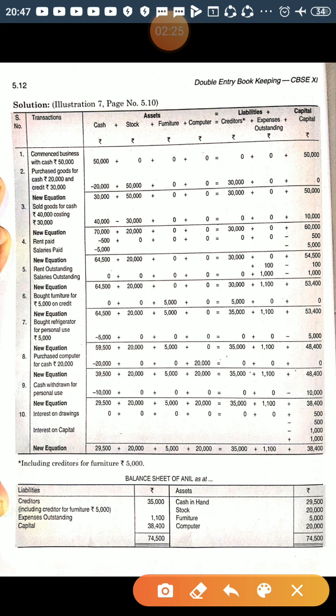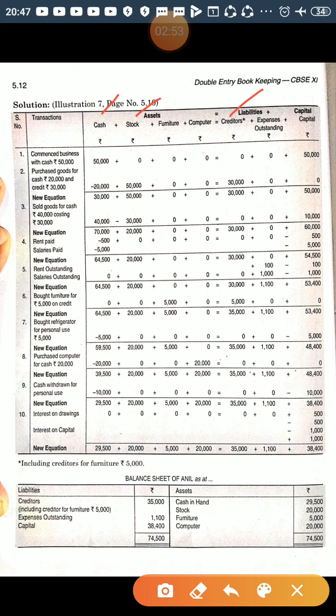Now purchase goods means stock, which is not written, so you will write stock here. Then it is for cash 20,000, meaning cash is decreasing, and cash is already written. On credit means you haven't paid, so a creditor is involved, so on the liability side you will mention creditor, right?